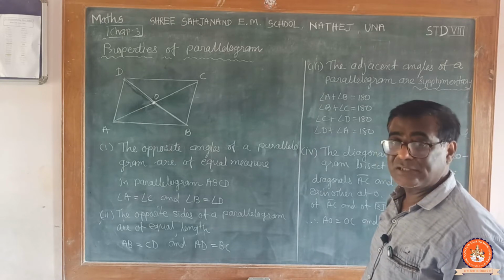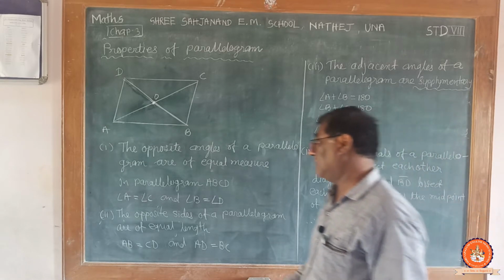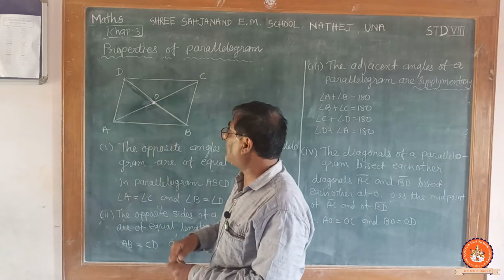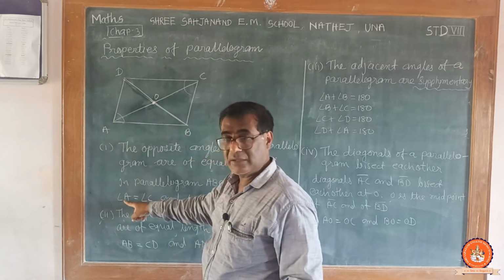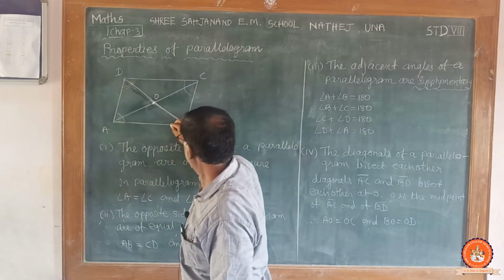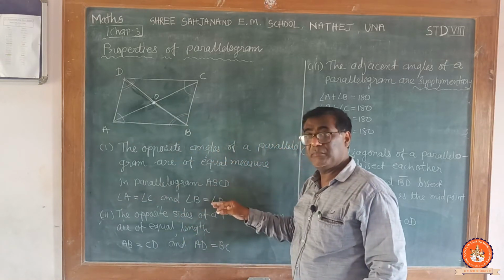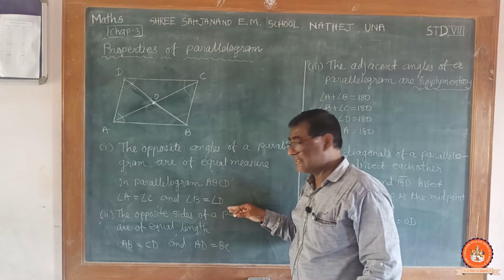So parallelogram के जो opposite angle हैं उसका measurement same होता है. See, angle A and angle C is one pair of opposite angles, so their measurement will be same, and B and D is the other pair of opposite angles, and measurement of angle B and angle D will be same.